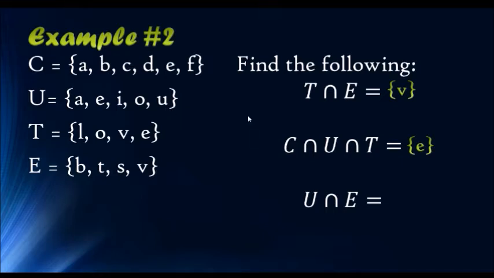Is there any? Okay, very good. So, there are no elements that are common to them. So we call this one an empty set or null set. Okay, very good.